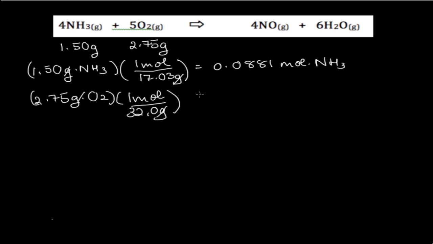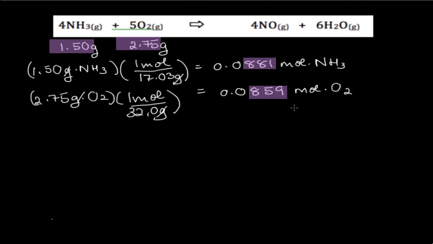The grams go, and we have 0.0859 moles of oxygen. And notice that I have paid attention to sig figs. 3 sig figs for the masses that were given, 3 sig figs for the moles.